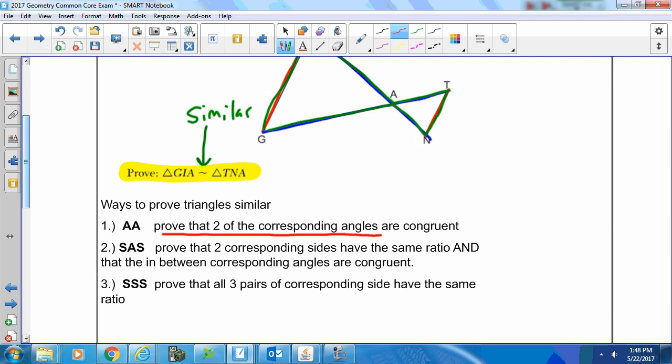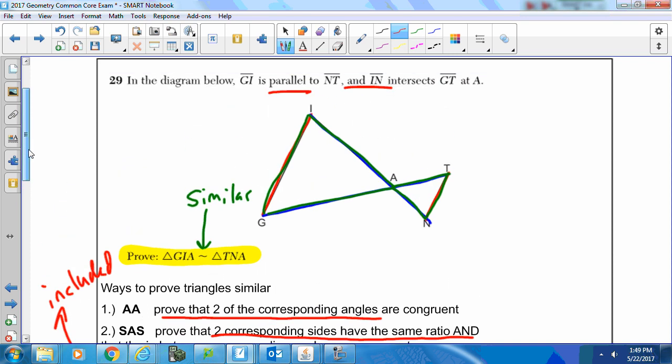You have to prove that two corresponding sides have the same ratio, and that the in-between, sometimes this is called included, angle is congruent. It's got to be the angle in between, though. It can't be the other angle. It's got to be the angle in between the two corresponding sides that have the same ratio. And SSS, which is prove that all three pairs of corresponding sides have the same ratio.